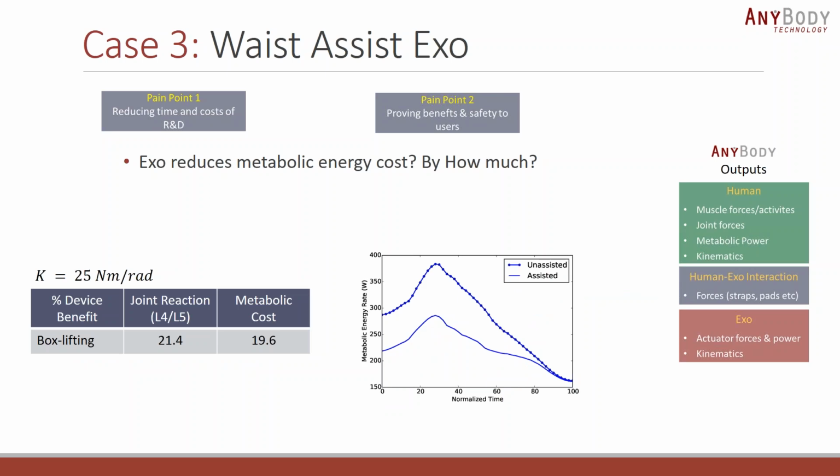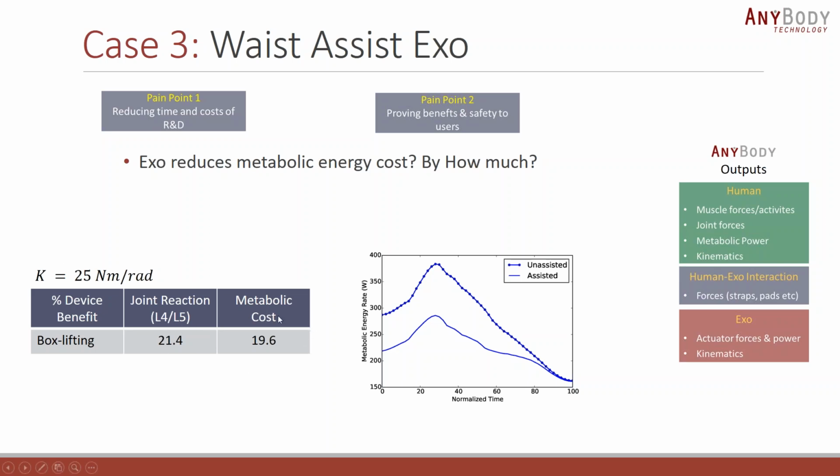What I'm showing you over here are the other results for when the spring stiffness was 25 Newton meter per radian. You can see the reduction in metabolic energy rate in the curves. And these tables are interesting as well, because they tell you the exact percentage by which the cost is being reduced.